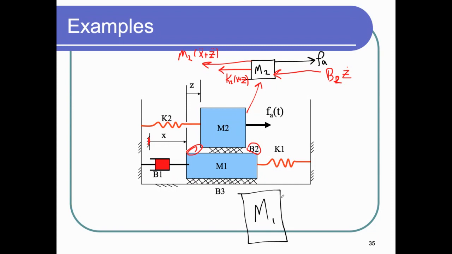So Faisal, what is FB2? Since we have an applied force to the right, the second mass M2 is dragging M1 to the right. So it will be a friction to the right. The friction force is dragging M1 to the right, so the only applied force to the right will be B2 z dot, right?